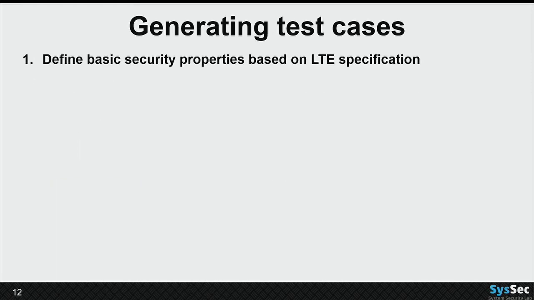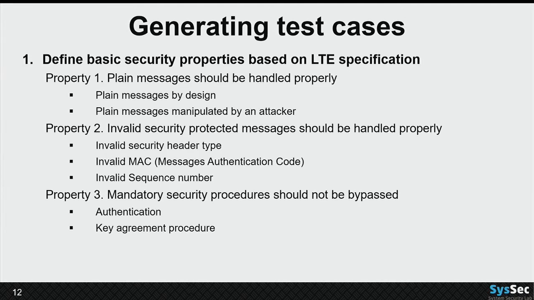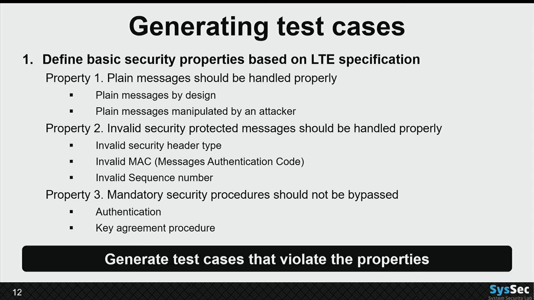So when we generate the test cases, we narrow down the scope by defining basic security properties based on LTE specifications. We define 3 properties, and then we generate test cases that violate these properties.